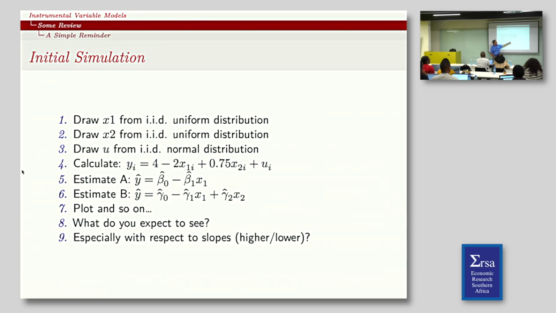We expect gamma 1 hat to be minus 2. I'm simulating the model 4 minus 2x1 plus 0.75 x2, based on x1, x2, and u being drawn from IID distributions.